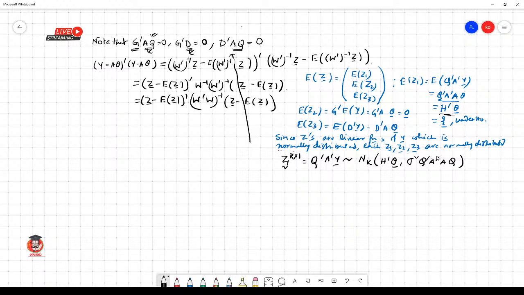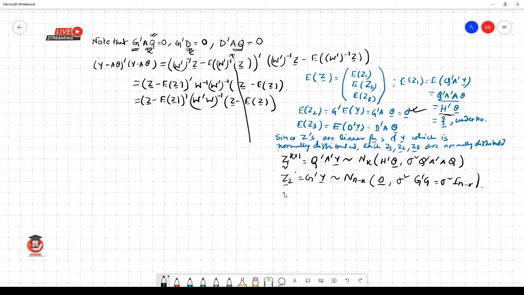And Z2 curl, which is G prime Y curl, follows an n minus r dimensional multivariate normal with mean vector 0 and dispersion matrix sigma square G prime G, which is equal to sigma square I n minus r.